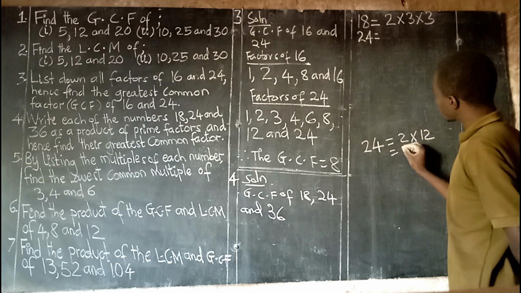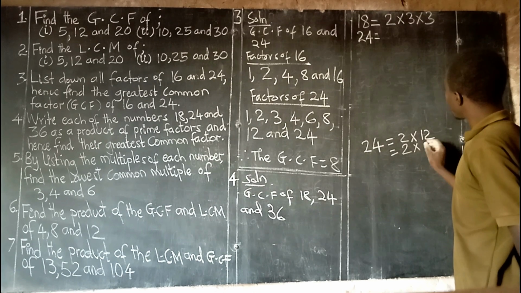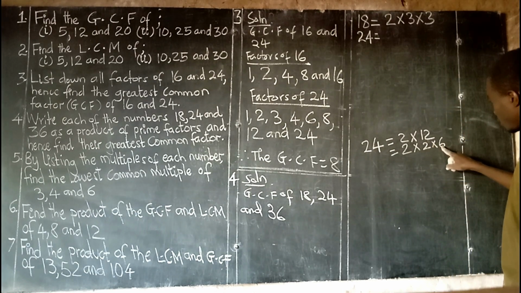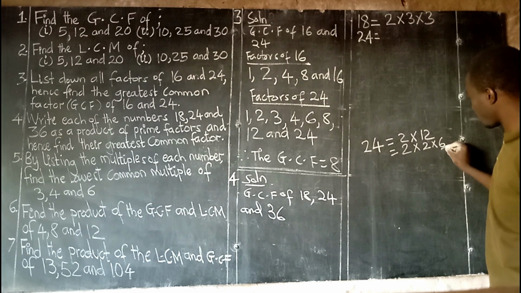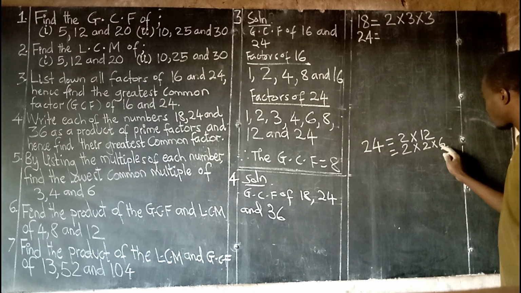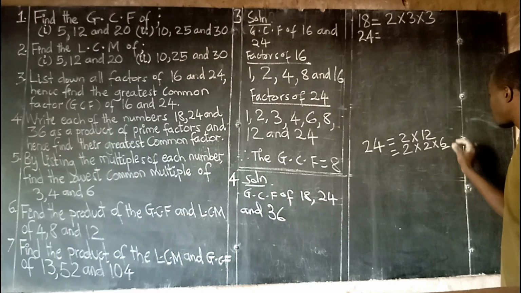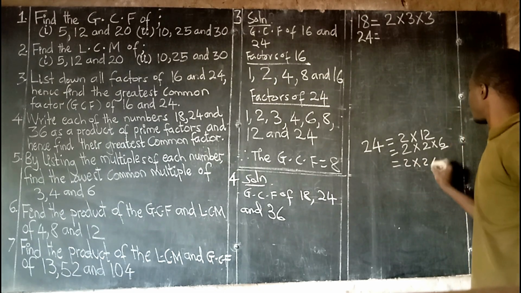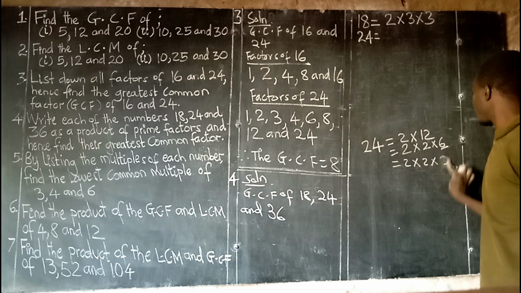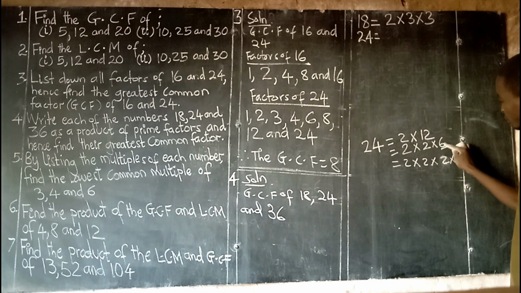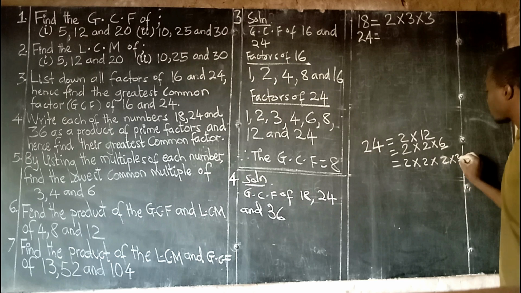So here we are going to take 2 times 6. You see, 2 times 6 is equal to 12. Now we are left with 6. 6 also is not a prime number, so we divide it so as to get the small numbers which are prime. Here we get 2 times 3. 2 times 3 is equal to 6, and 2 is a prime, 3 is a prime.